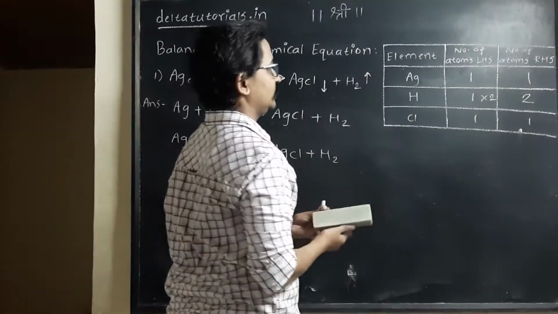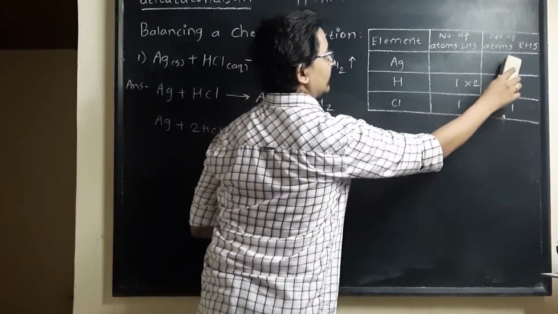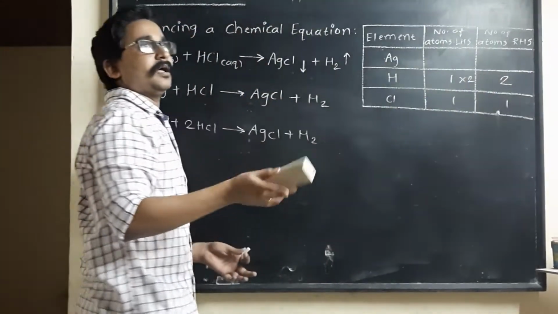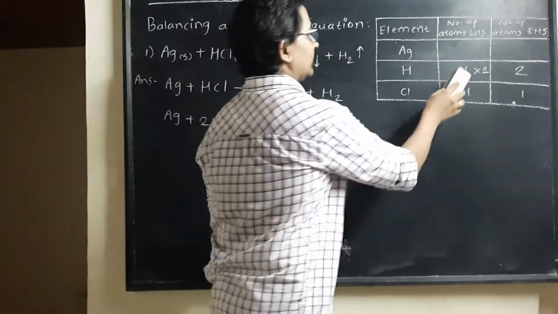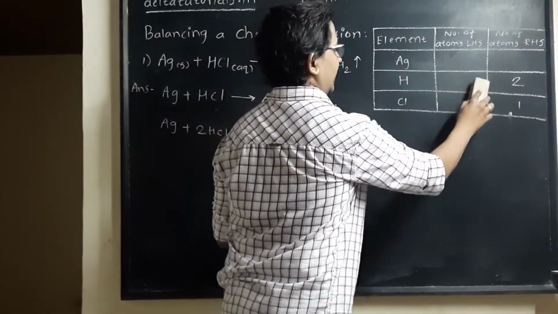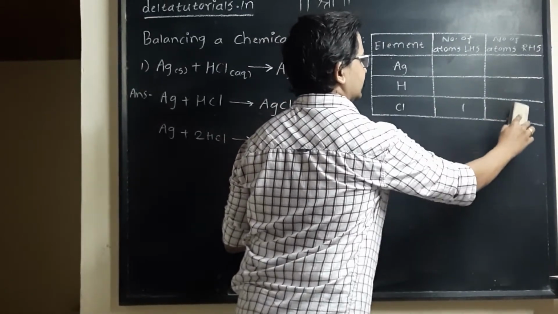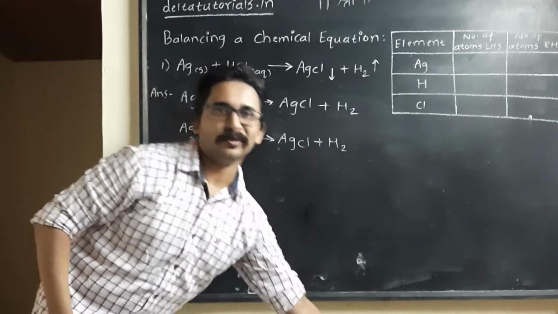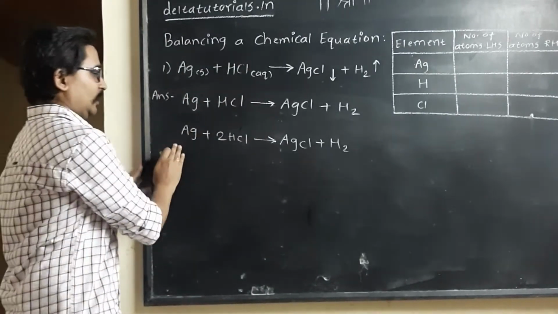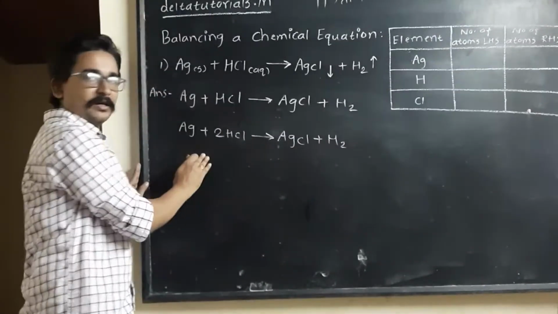After doing this, we need to update the table. You need to draw a table after each and every iteration of the reaction. I'm not going to draw it again as it is easy for me to wipe out the older values and write the new ones. So now this is our current chemical reaction.